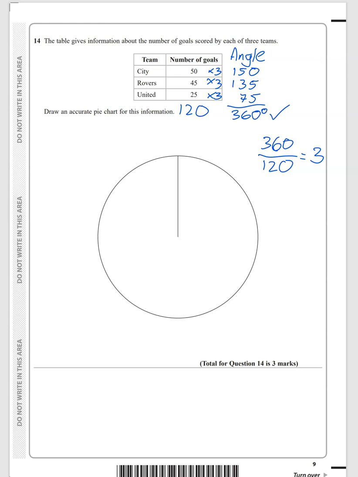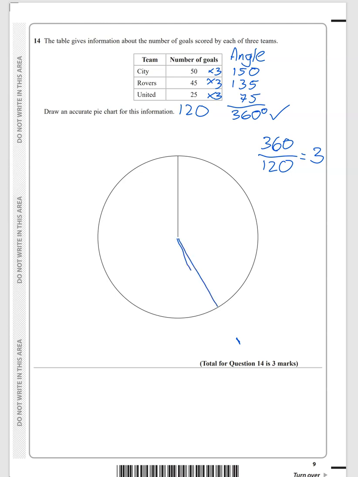Brilliant. Okay, so now we need to do the pie chart. The first angle we're drawing is 150 degrees. So I've put my protractor on, I'm measuring 150 degrees. This isn't the world's easiest thing on the screen, but you get the idea. There we go.